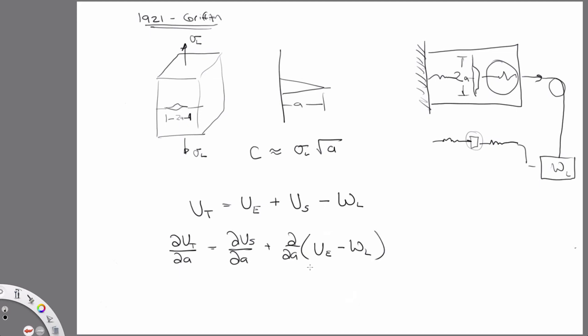And I paired those up because that's the mechanical energy, the energy associated with the elasticity of the material. So this is the energy associated with creating new surfaces, and this is the energy associated with mechanically loading the material, our system. And this thing is going to be equal to 0.